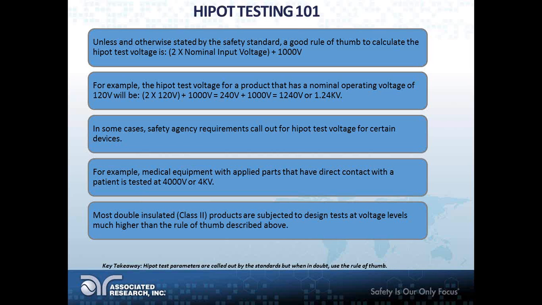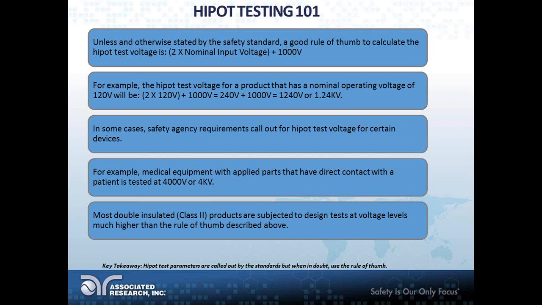But when in doubt, when you're not sure what to set for a Hipot test voltage, a good rule of thumb to calculate the Hipot test voltage is to multiply the nominal input voltage of the device you're testing by 2 and add 1,000 volts to it.